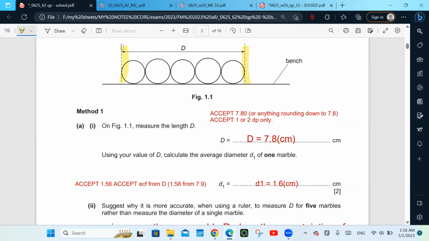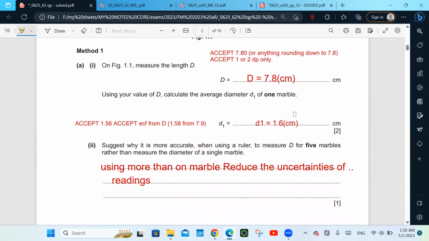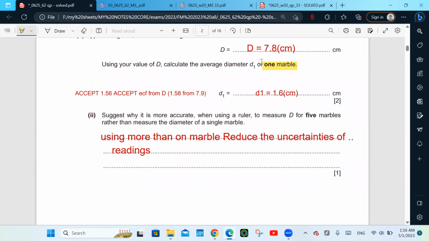And this distance represents the diameter of the 5 marbles. But wait a minute, we need to measure the diameter of one marble, not the 5 marbles. So you have to divide 7.8 centimeter over 5, and you will get the diameter of one marble.